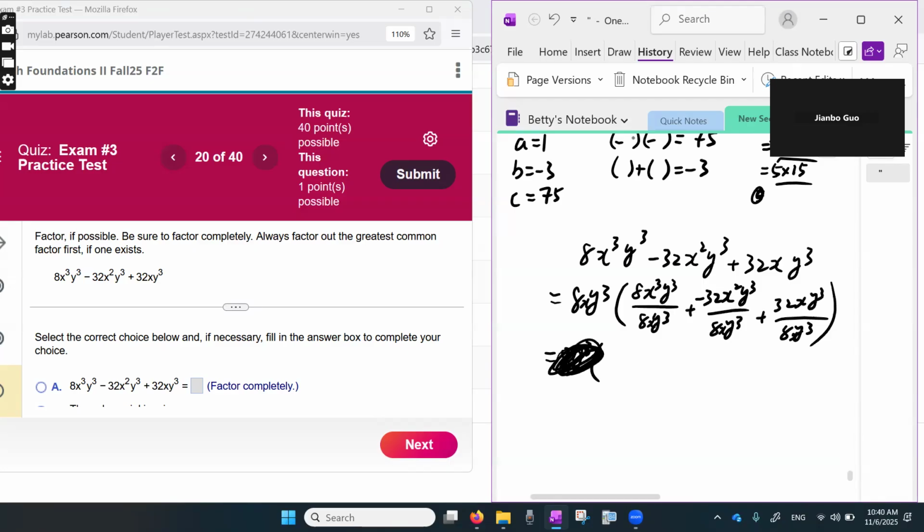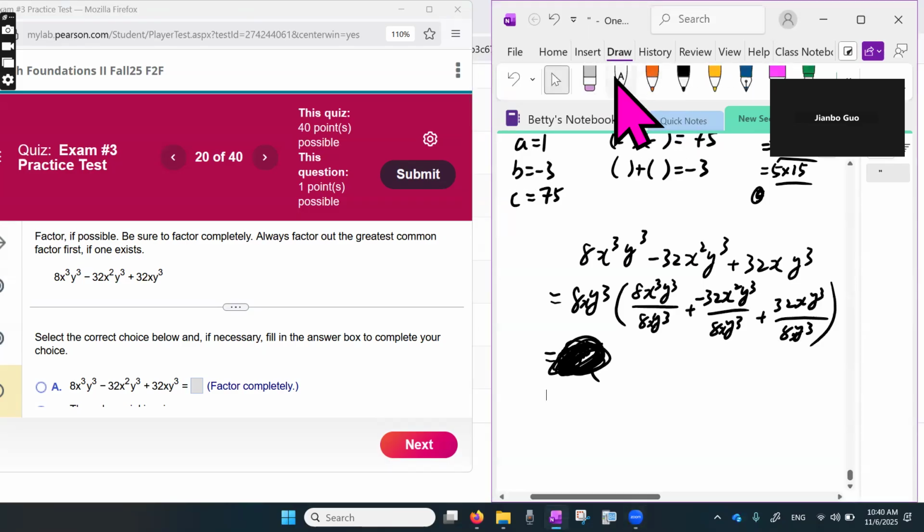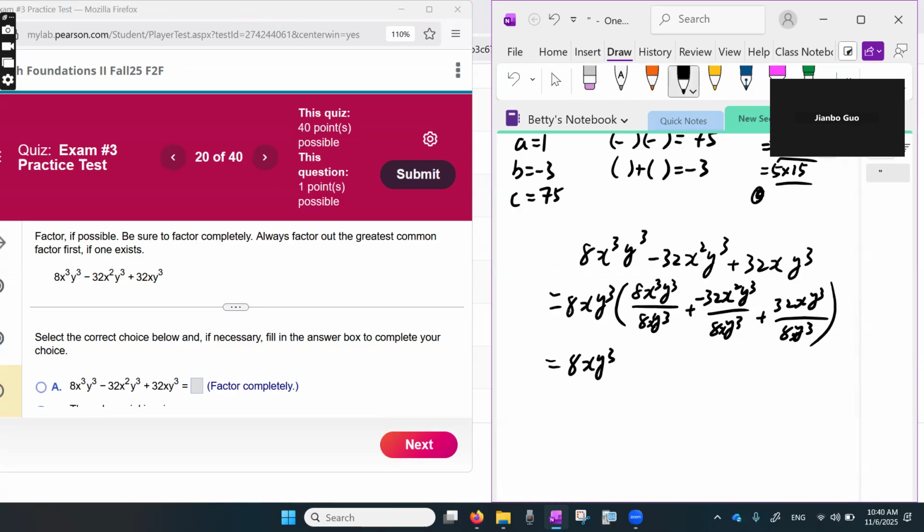So the GCF, excuse me, is 8xy cubed. So 8 cancels 8, x cancels one of the x in the numerator, so we have x squared.